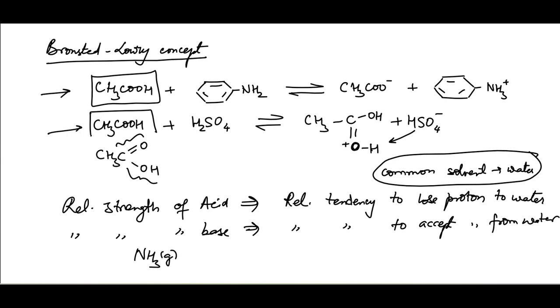We know it's a weak base, but let's use it just for the purpose of understanding. H2O splits into H plus and OH minus, and that H plus is accepted by ammonia to form the ammonium ion. When H plus is removed, water becomes the hydroxyl ion. So I can measure the relative strength of a base by how much is the relative tendency of that particular base to accept the proton from water.